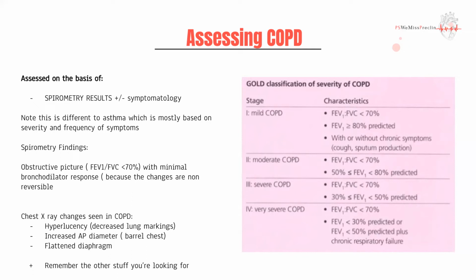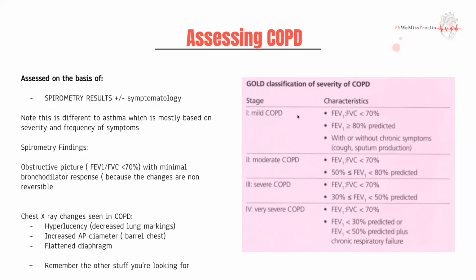With heart failure, it's based on symptoms and what their exercise tolerance is, how much work they can do before they get symptomatic. Asthma classification is mostly based on symptomology, and the classification of most conditions is going to be based on symptomology. However, COPD is based on their FEV1, which is a good predictor of their severity.